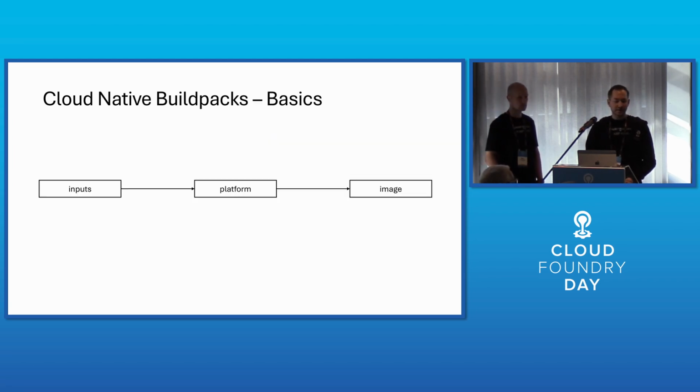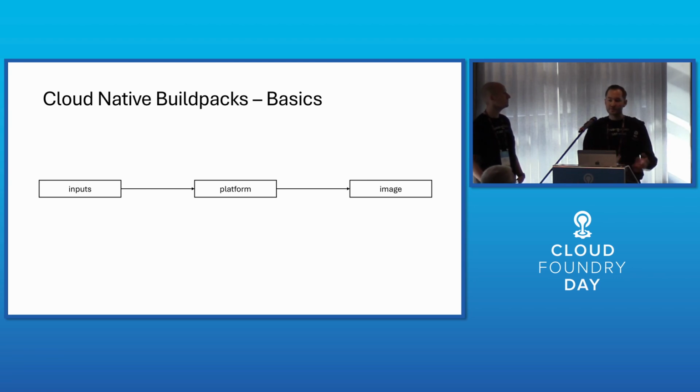Taking a look at the basics of Cloud Native Buildpacks, in the center there's always a platform, and for our implementation on CF we brought a custom Cloud Native Buildpacks platform to CF. There are tools or platforms like Pack, for example, on your local machine.